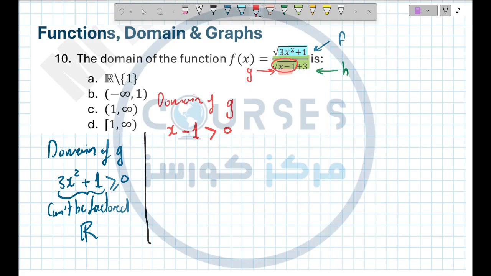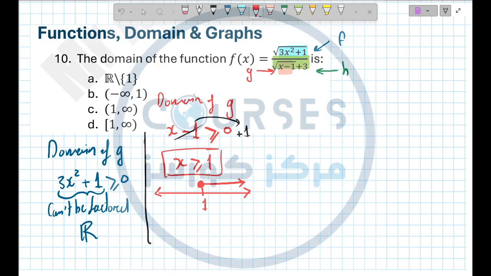The root itself can be equal to 0, it's fine, and we would have 3 remaining. So if the root is not the entire denominator, you can put equal. Move this to the other side as plus 1, and this cancels. So we end up with x greater than or equal to 0 plus 1, which is 1. If we want to graph it, it will be 1, closed point, and going to the right.